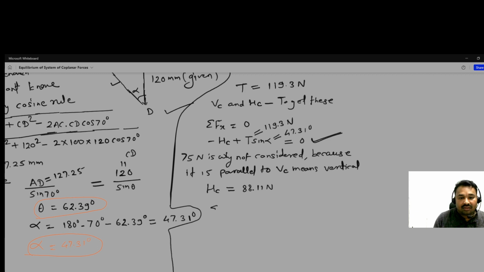Now applying the summation of Y equal to 0, what will we get? The VC reaction at C, the vertical reaction, and the load 75 Newton that is acting downward, and then this T, and T is inclined here, and you can see the direction here.